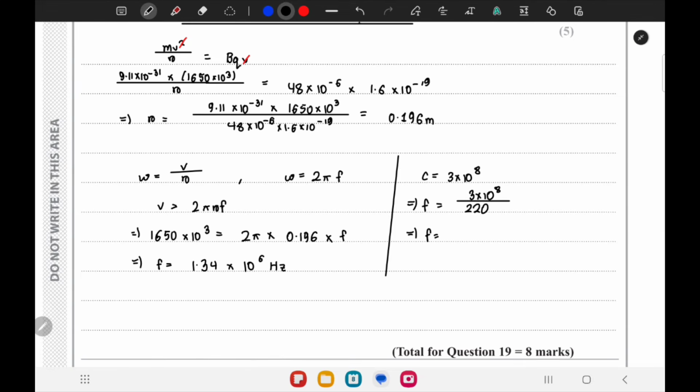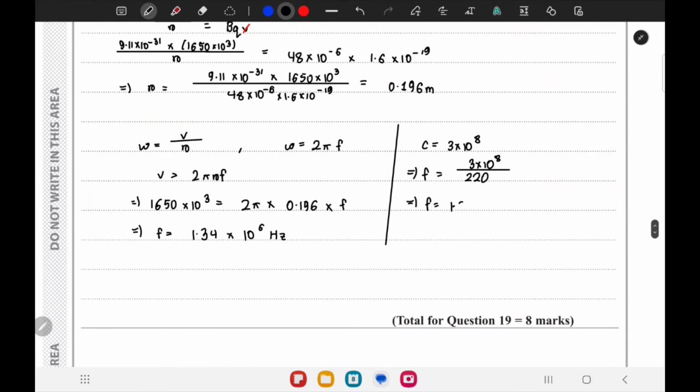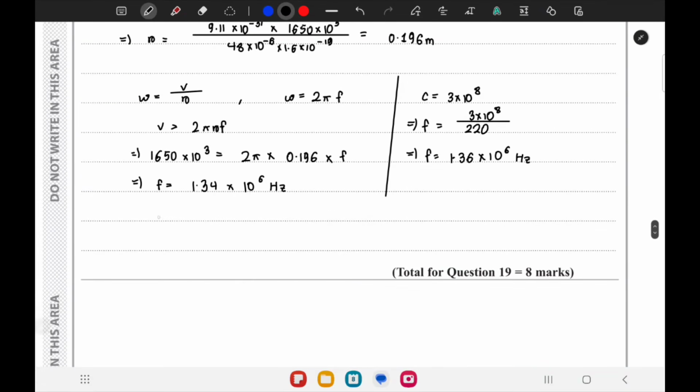The frequency is 1.36 times 10 to the power 6 hertz. The frequencies are almost equal to each other, so 1.34 into 10 to the power 6 hertz is almost equal to 1.36 into 10 to the power 6 hertz.